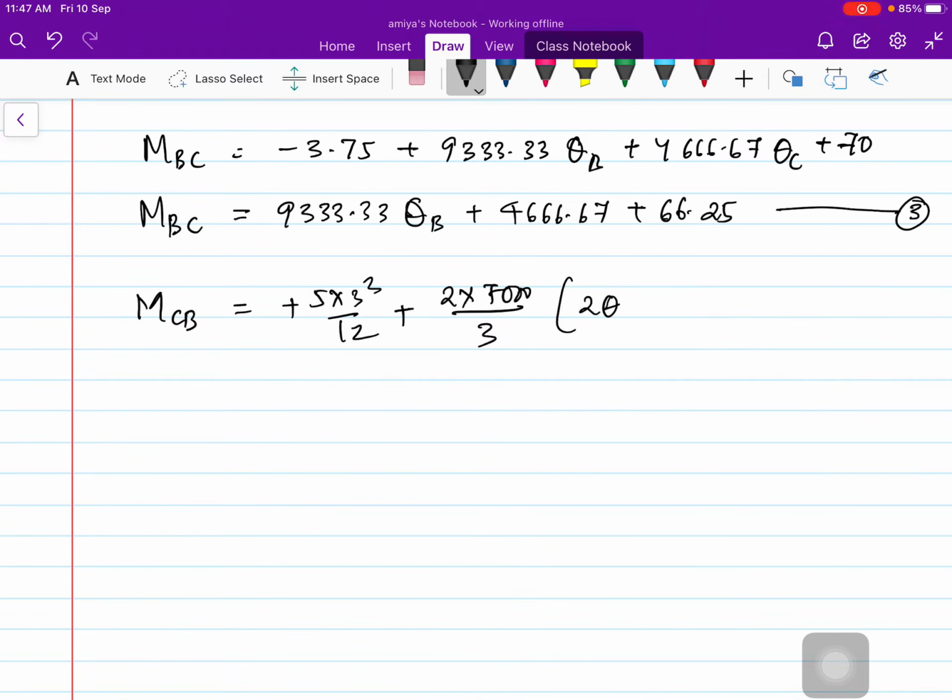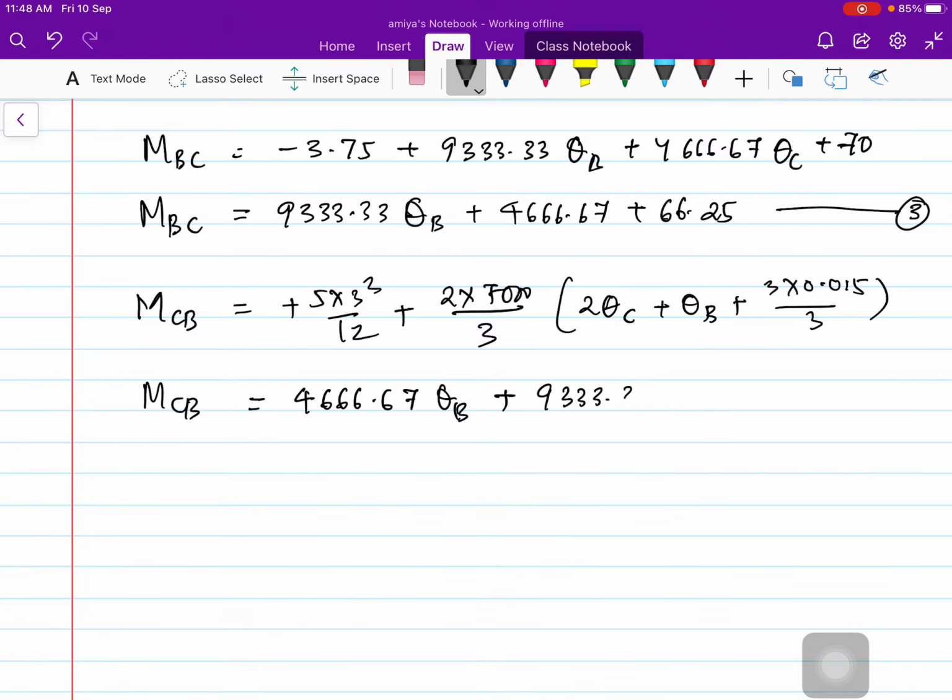Here it will be 2 theta C plus theta B, and plus 3 into 0.015 by 3. So MCB is equal to 466.67 theta B plus 9,333.33 theta C plus 73.75 when you solve this. This gives 4 equations.